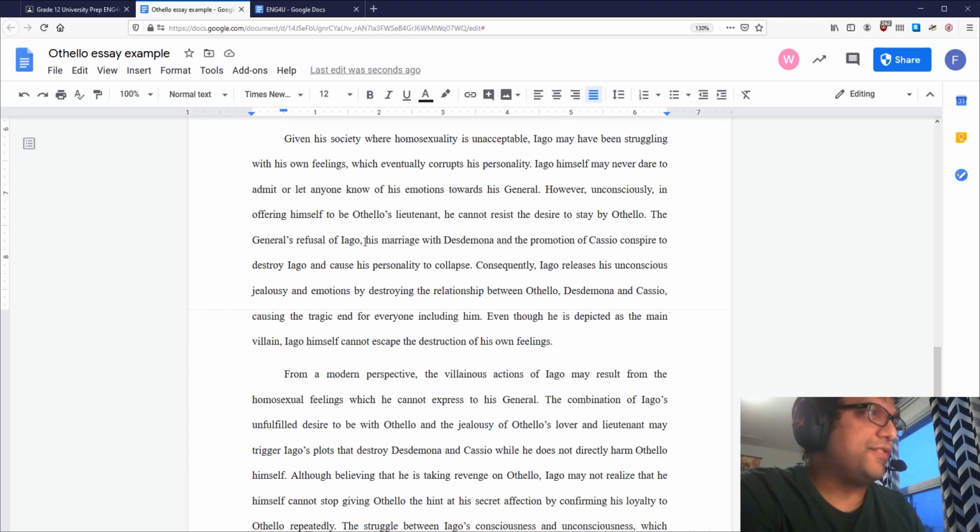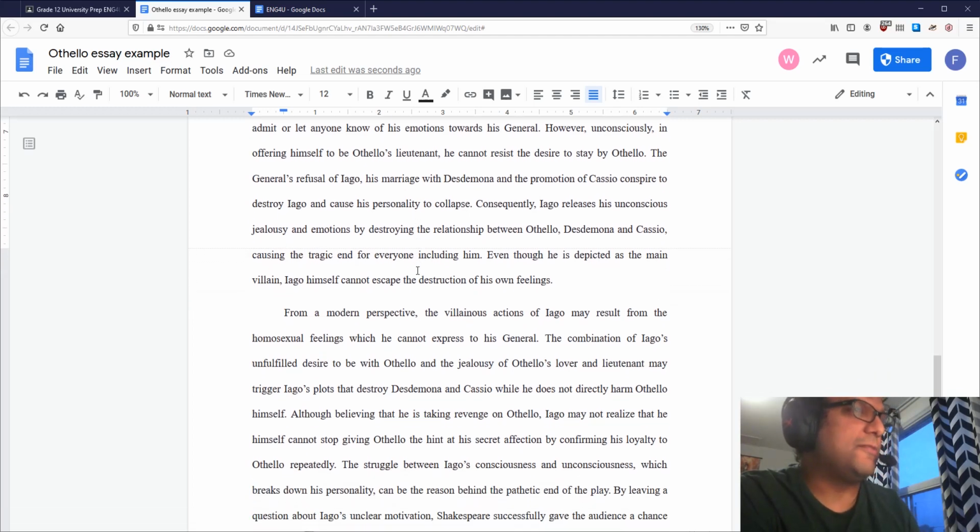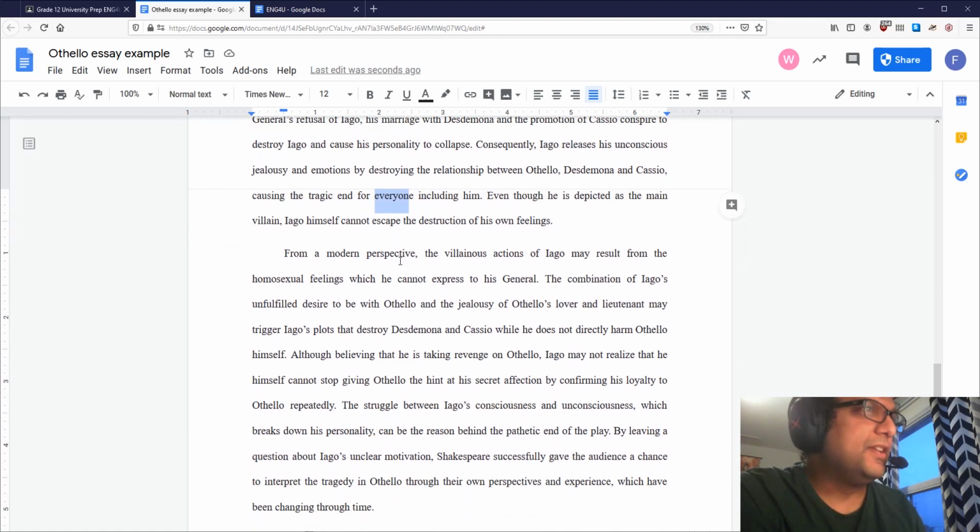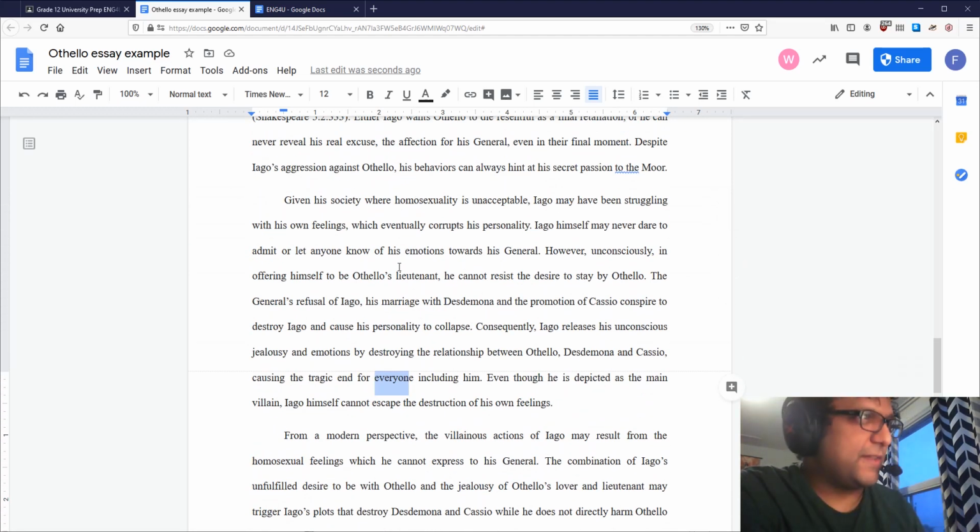The general's refusal of Iago, his marriage with Desdemona, and the promotion of Cassio conspire to destroy Iago and cause his personality to collapse. Consequently, Iago releases his unconscious jealousy and emotions by destroying the relationship between Othello, Desdemona, and Cassio, causing the tragic end for everyone, including him. Even though he is depicted as the main villain, Iago himself cannot escape the destruction of his own feelings.